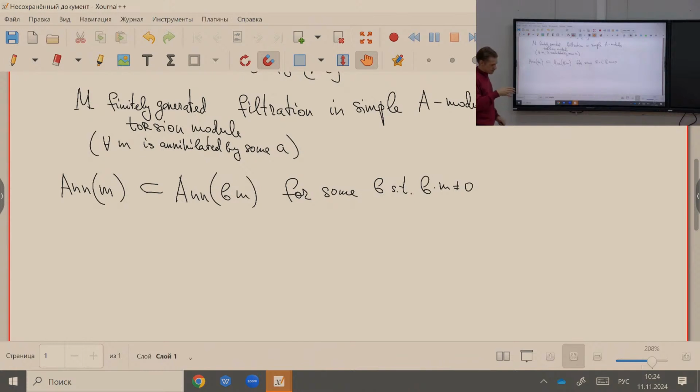Here it is not clear about the Artinian property. If we want to take just a simple submodule, it is not a priori clear that you can take M and take a simple submodule of M. If we were working with finite dimensional representations or finite dimensional vector spaces, then the Noetherian and Artinian properties are equivalent.